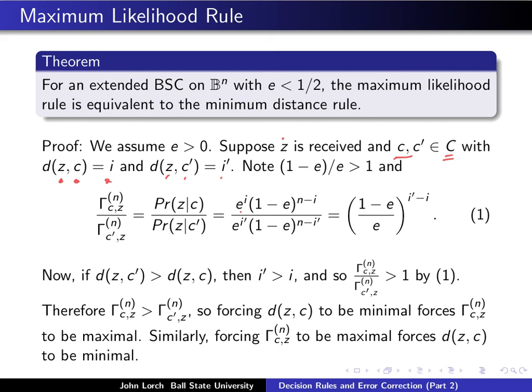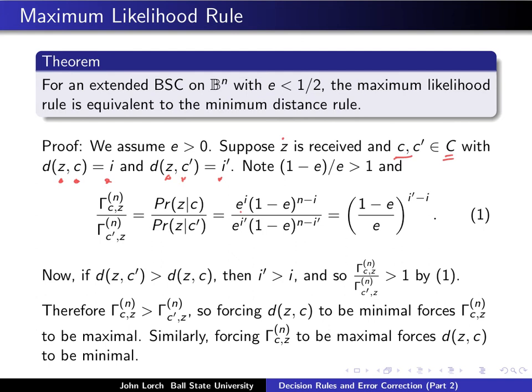The remaining slots, the bits do not flip, and the probability there is (1 minus e) to the n minus I. Likewise, in the bottom, because the distance from z to c prime is equal to I prime, z and c prime differ in I prime slots, meaning that there were I prime bit flips.